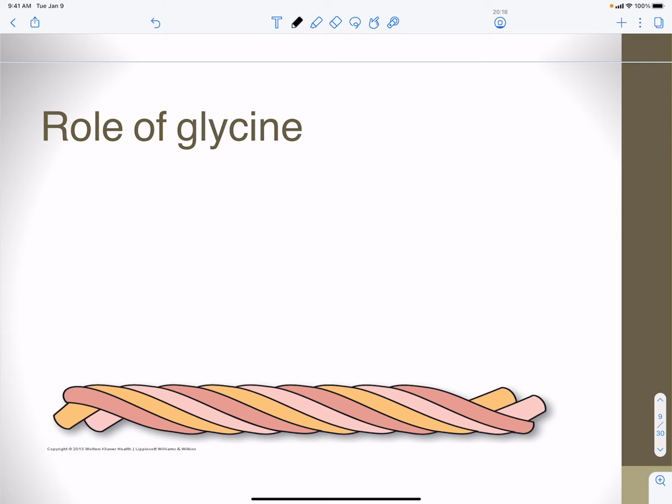So glycine, so your polypeptide chains, those 3 chains, are going to be linked together by hydrogen bonds. And each turn contains 3 amino acid residues. So as collagen winds, 3 amino acids are at each turn.